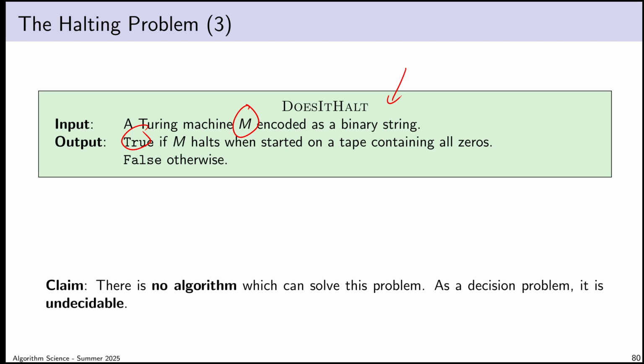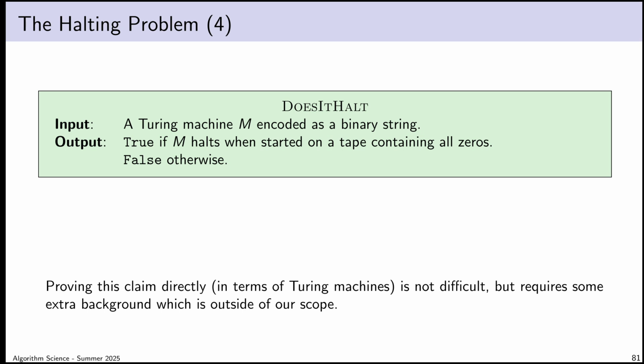So it's true that we could design algorithms that approximately answer this question. The statement being made by this claim is that there is no algorithm that can solve it in general for every possible input, which means this decision problem is beyond the reach of computation. It is undecidable. Now, I want to prove this. We could prove this directly in terms of Turing machines, but again, we have to save some fun for your next few courses.